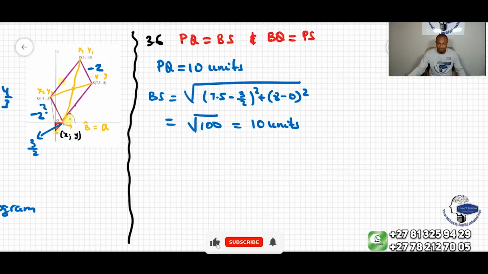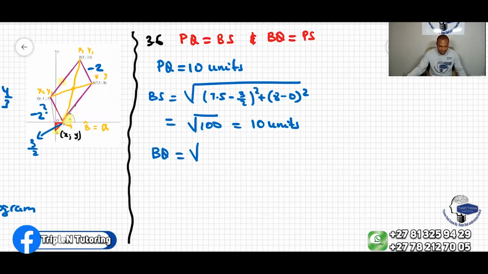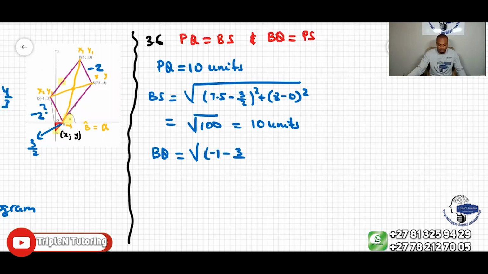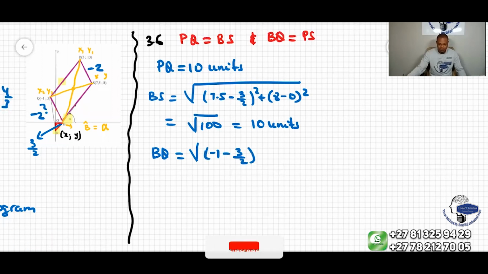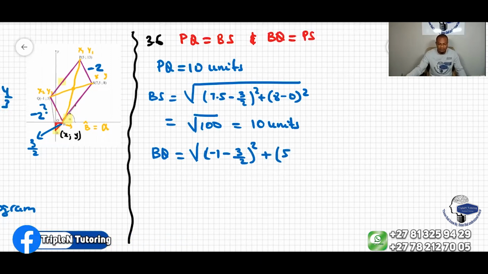Same also with BQ. B is 3/2, so I'm going to do -1 minus 3/2, to the power of 2, plus 5 minus 0 to the power of 2.